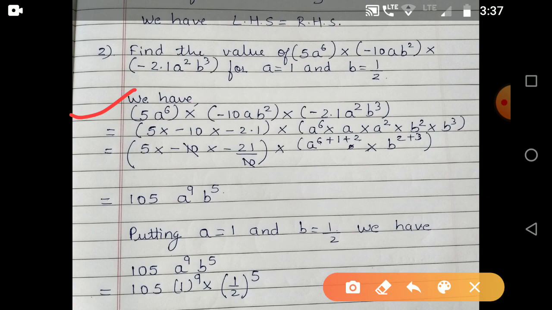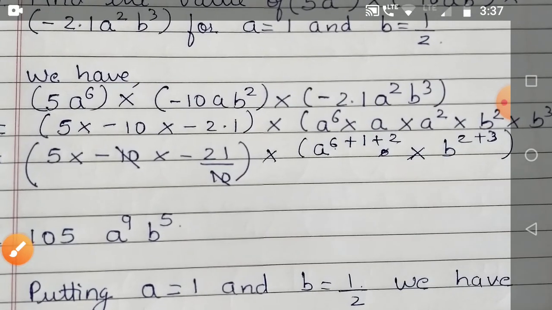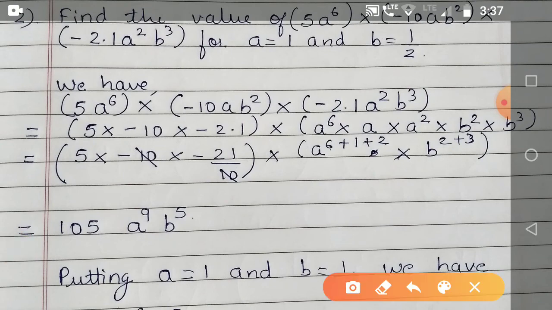So the numbers together we have written here, like this: 5 into minus 10 into minus 2.1, and all the variables we have written here such that all the similar variables are written together.